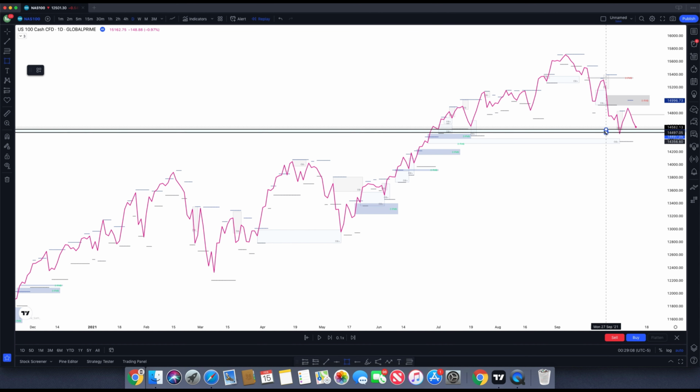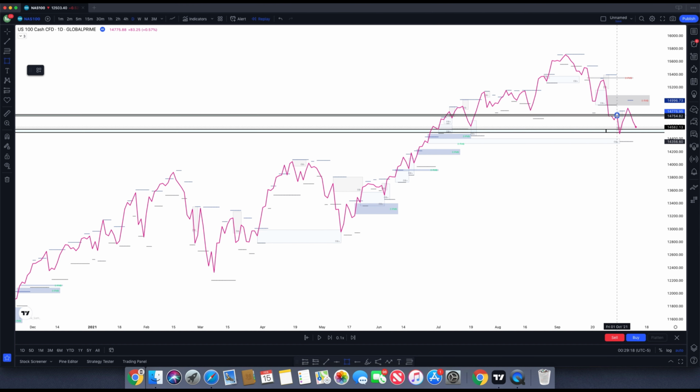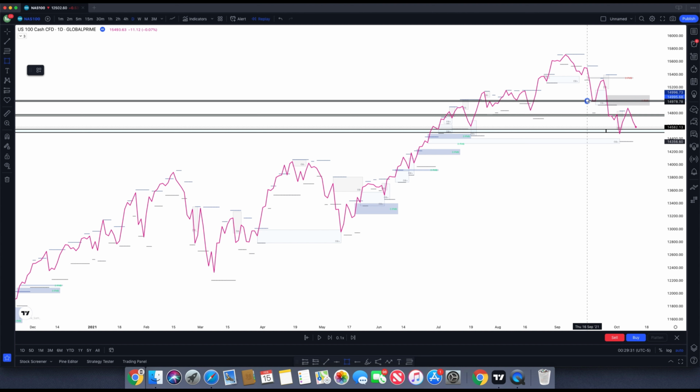You'll see here, I'll draw a demand area at that order block. I want to draw a demand area here too. I'll draw demand at this order block. I would draw another demand here at this bullish order block.